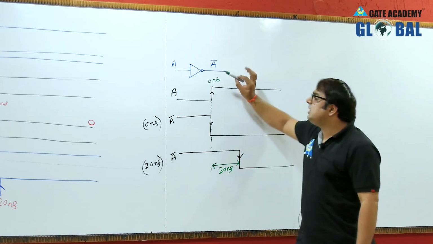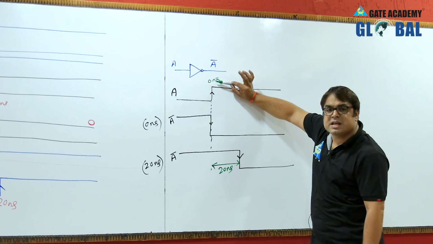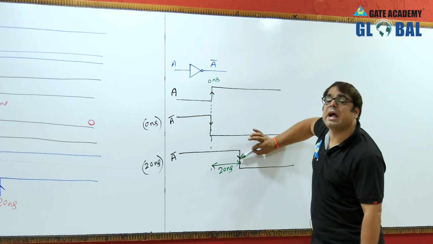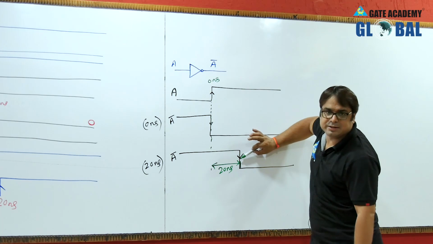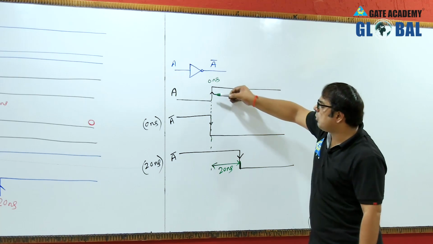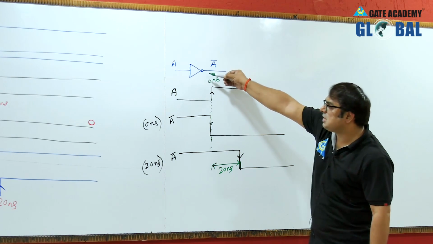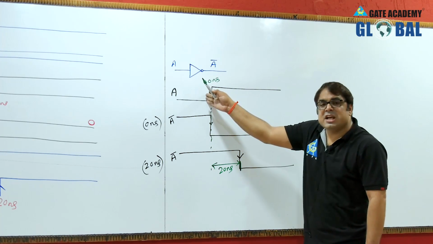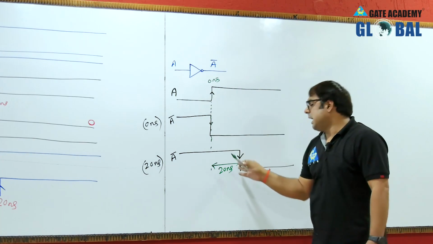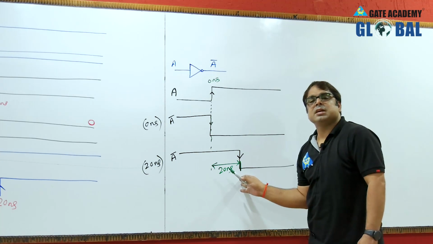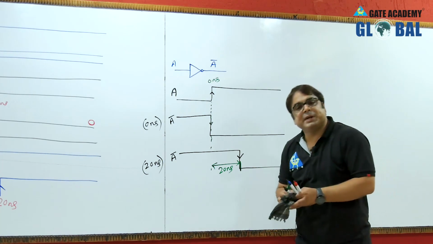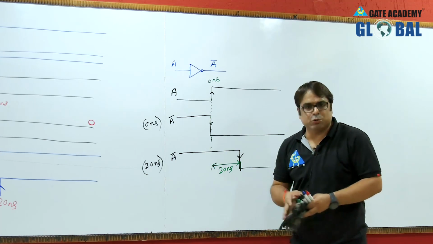So the change in the input was made at 0 nanosecond and it is being reflected at the output at 20 nanosecond. The amount of time which this logic gate takes to reflect the changes in the input at the output is called propagation delay, that I have already told you.